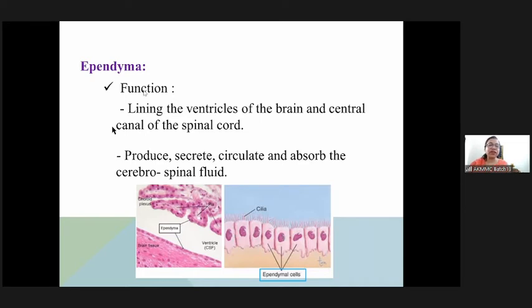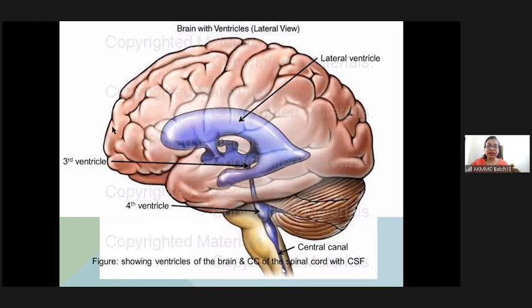These cells are known as ependymal cells. Ependymal cell. What are the functions of this cell? They line the ventricles and the central canal, and separate the tissue from the cavity, from the cerebrospinal fluid. Is this much understood? Yes, ma'am.